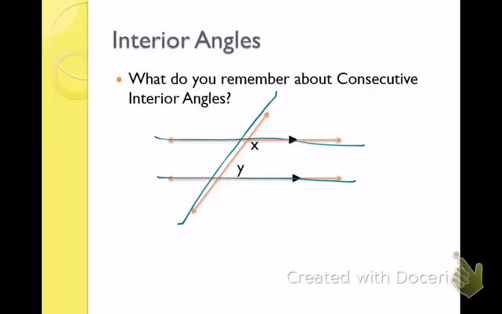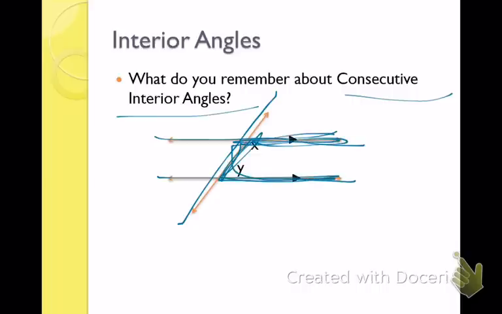And if those 2 lines were parallel, we had, well, first of all, 2 lines and a transversal make all kinds of different angle relationships. If the 2 lines that are forming those relationships are parallel, then we know that those relationships have certain properties. Consecutive interior angles were these guys that made those C's, right?